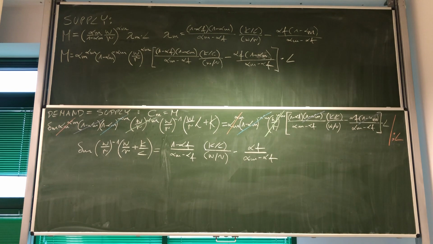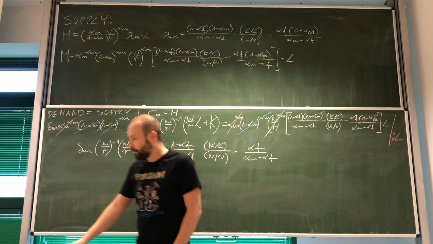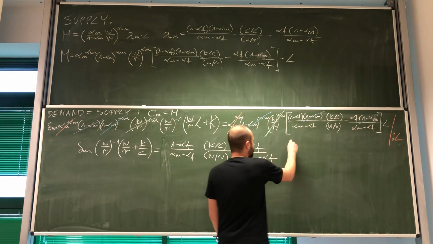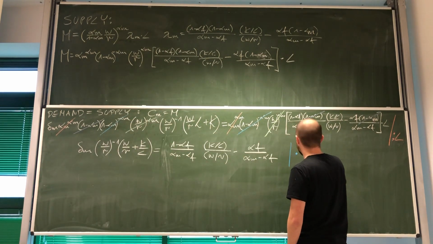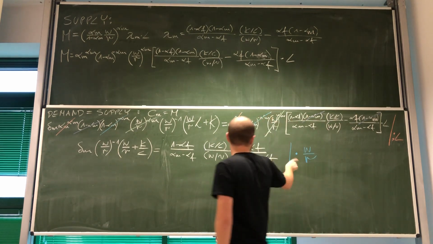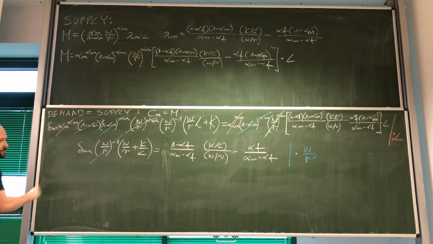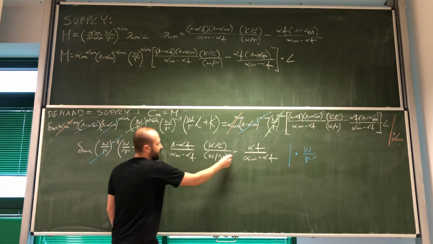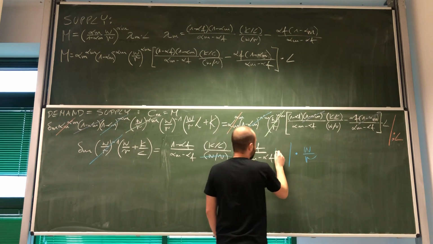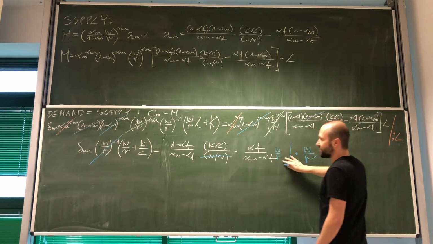Okay, the next thing I'm going to do over here is multiply both sides of this equation by W over R. Okay, and look, when I do this, what happens? This is gone, this is gone, and W over R appears over here.